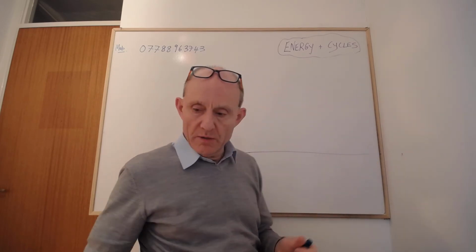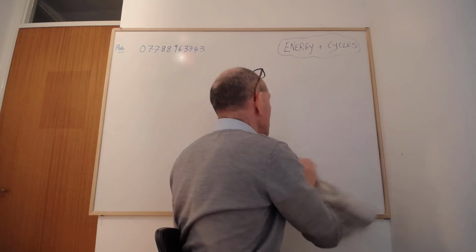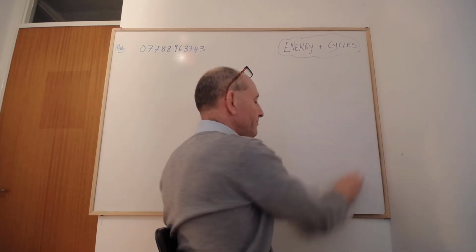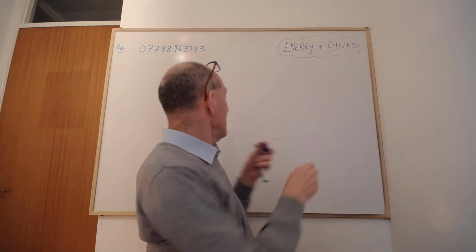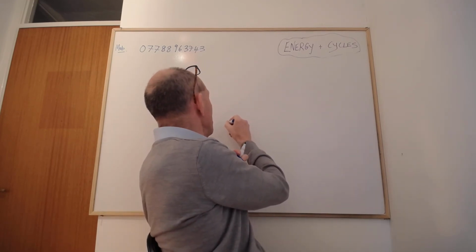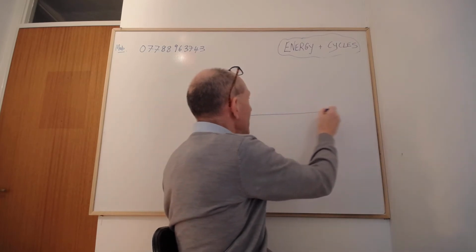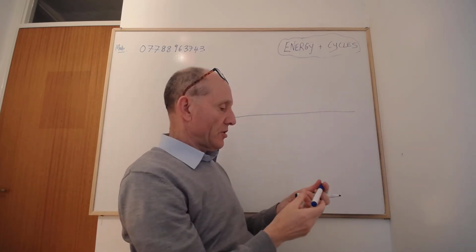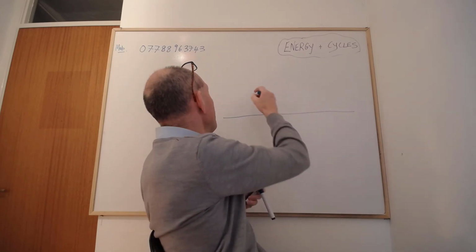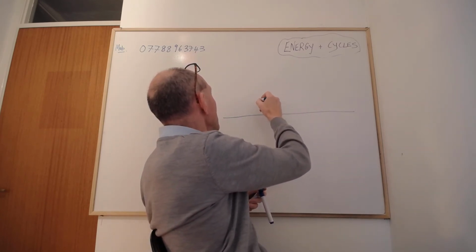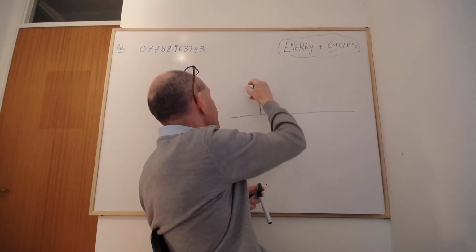So let's see where we start here. I think we need to get that arrow a bit higher. Now I'm going to put that there to represent the soil, and pop a tree up here again. So this is supposedly a tree.